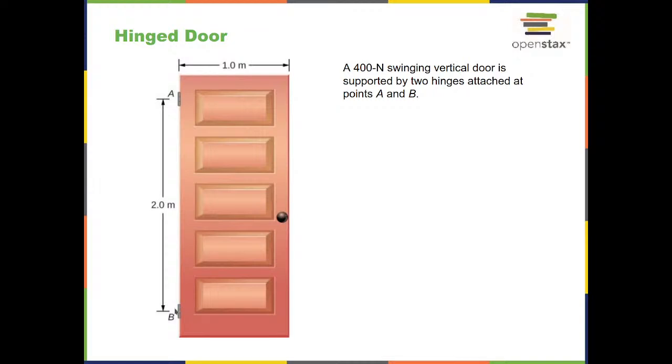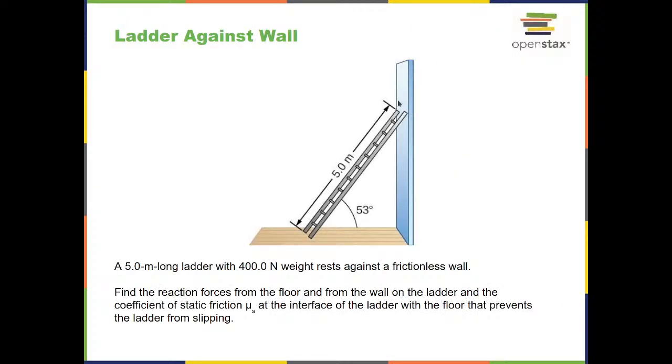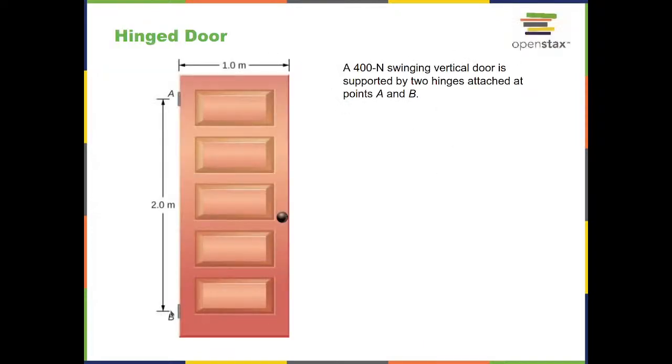So this is the difference between a frictionless contact point that we have here of the ladder against the wall and a fixed hinge, which doesn't just provide a force in the horizontal direction, but can also provide a force in the vertical direction. So we're going to have a force at point A that is going to be trying to, so the force of the wall on the door is going to be pulling the door towards the wall.